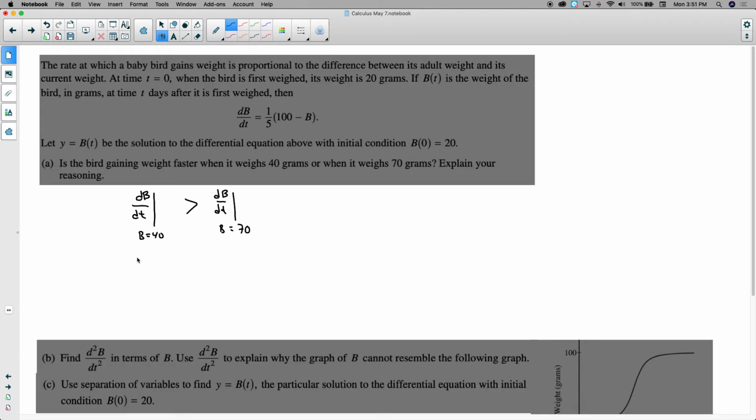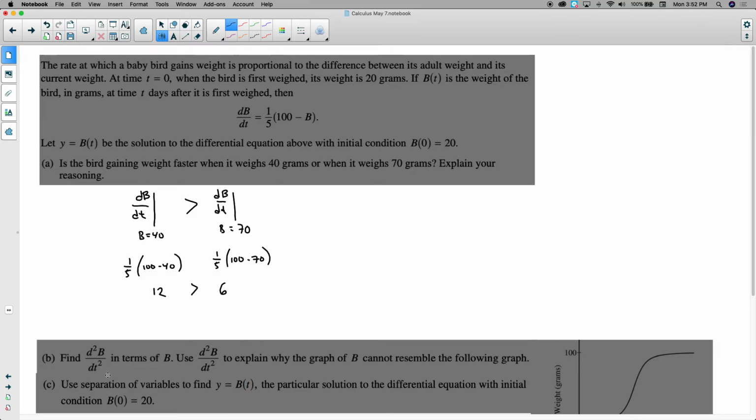We have a formula for this, it's right up there. That's 12. And then on this side we have 1/5 of 100 minus 70, so that's 30. A fifth of 30 is 6. Yeah, 12 is greater than 6. Done.